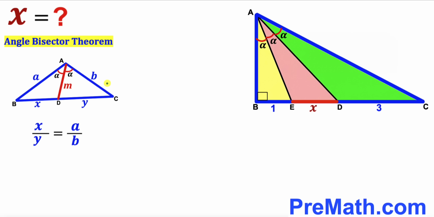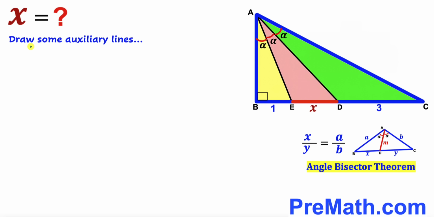And we are going to apply this angle bisector theorem to our given problem. So therefore we are going to think outside the box, and we are going to draw some auxiliary lines to make our job simple, as you can see in this next step, such that this right triangle ABF is congruent to this yellow shaded triangle ABE.